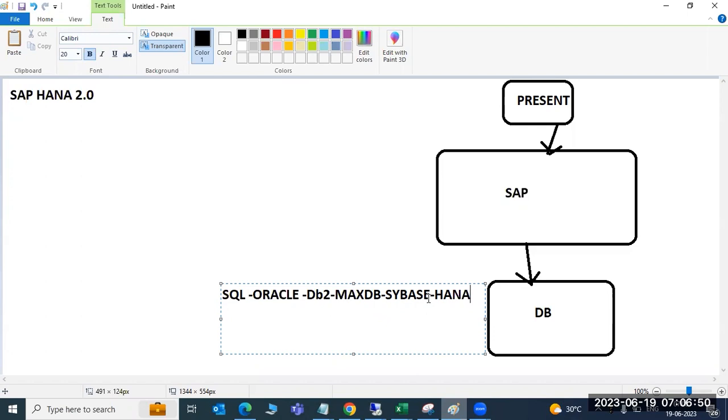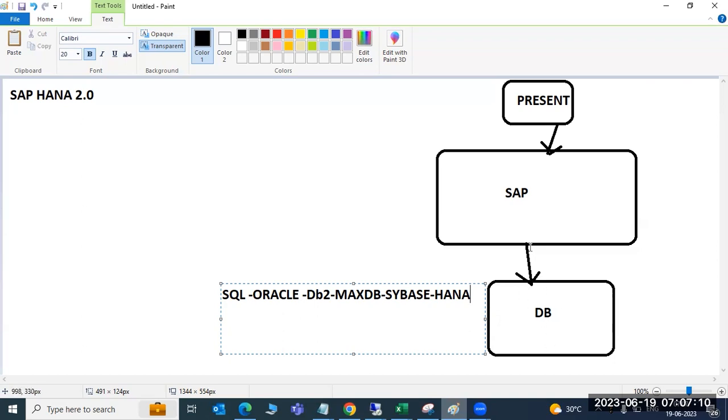Because the HANA database is one special innovation, one special technology, released by SAP only. SAP was previously in the application business, application software only, but now they have released the database as well.